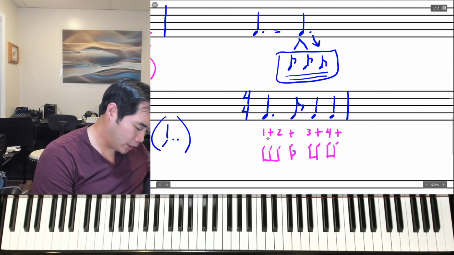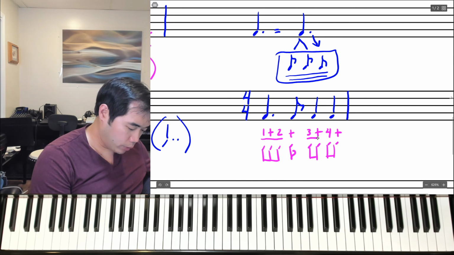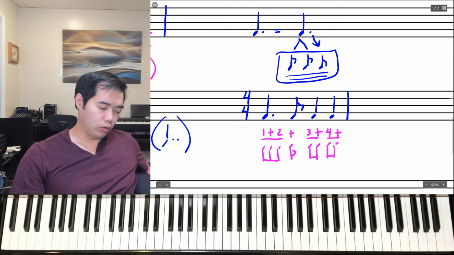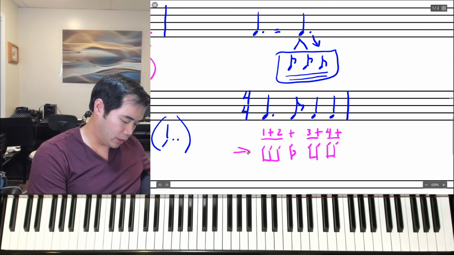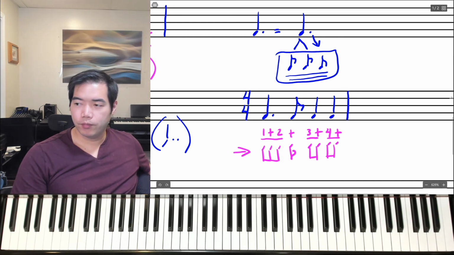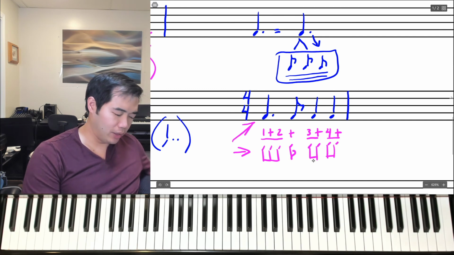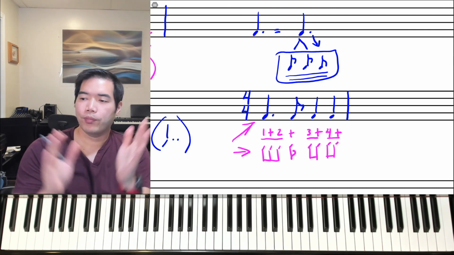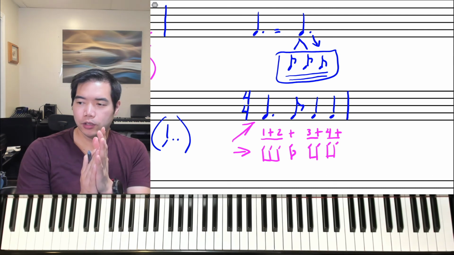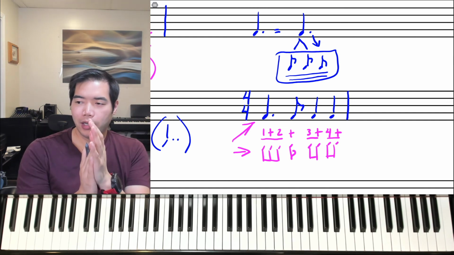The only difference is we're going to hold that first dotted quarter, and then we're going to hold beat 3 and beat 4 because they're quarters. So this is the subdivision. We're subdividing this more complicated rhythm into something that's easier to understand. Let's try clapping and counting this example. 1 and 2 and 3 and 4 and.